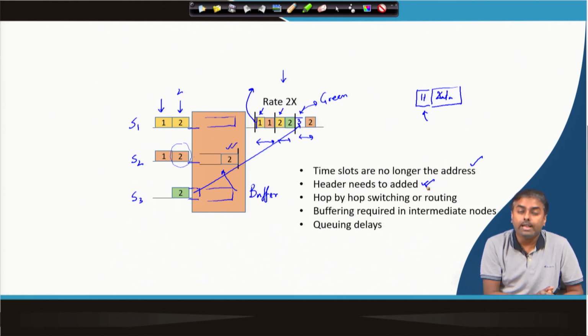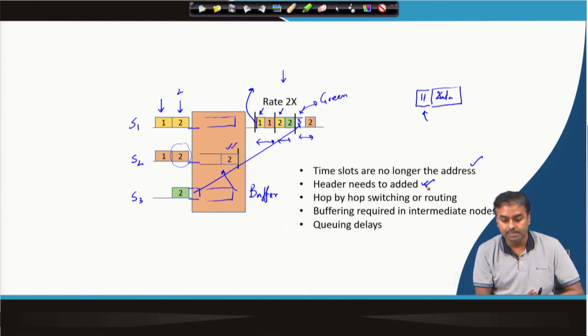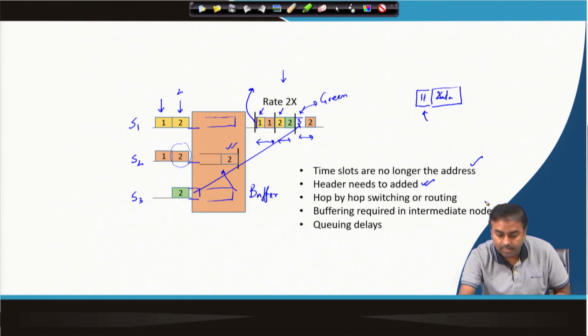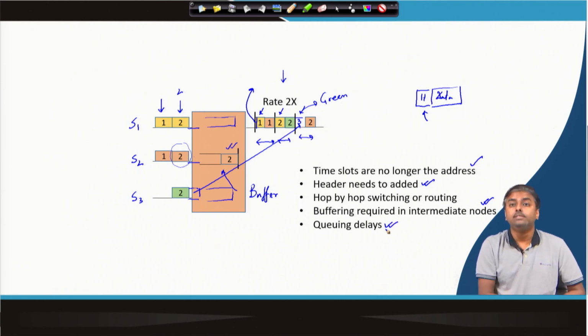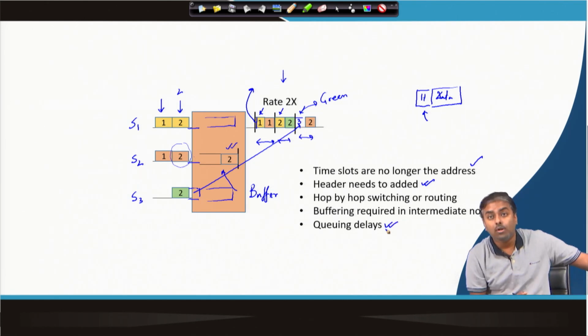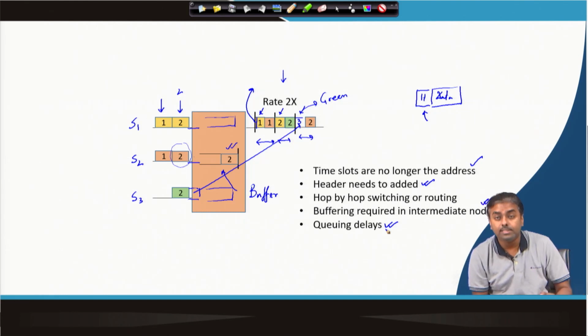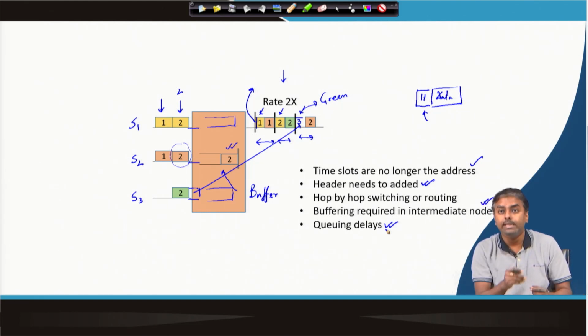Accordingly, even the delay will not be deterministic now, that is another disadvantage of these things, because you are putting these buffers in every intermediate node. So, you will be having queuing delay and this is going to be random according to all the sources. Now, the sources also are becoming interdependent.